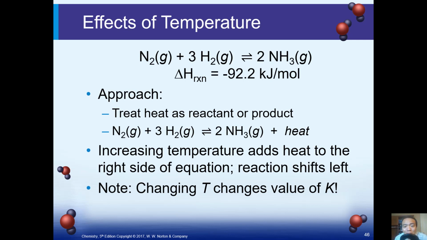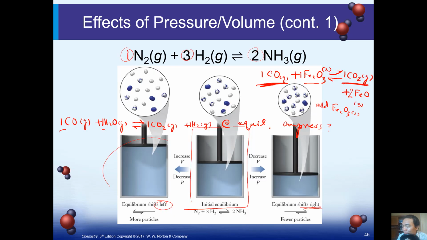Hey, remember, you add a solid state over here. A solid has a constant concentration to begin with. So no matter how much material you have inside, that concentration term is a constant. So this will not change the magnitude of either Q or K.